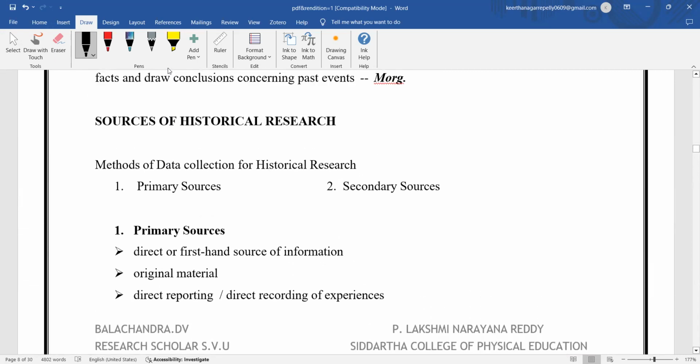Now, sources of historical research. This is a very crucial thing, because all research relies on how the data is collected. What are the sources of data?